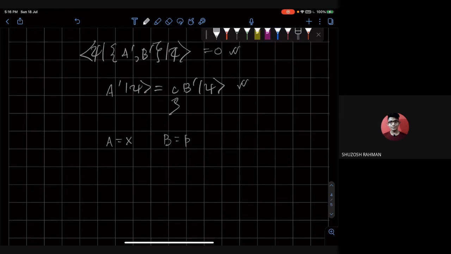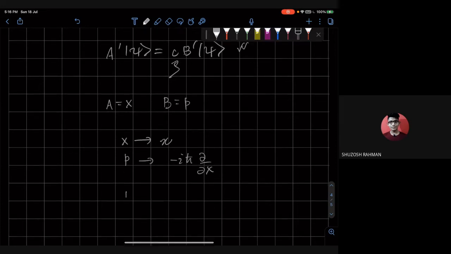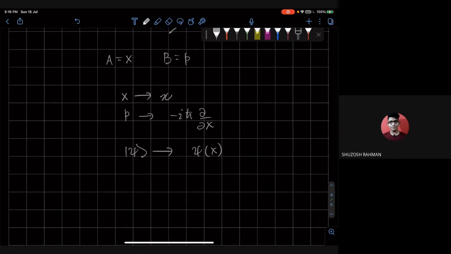This means you can go to the position basis where X becomes replaced by the number x, the operator P becomes replaced by minus i h bar d/dx, and psi becomes replaced by psi of x. Then you solve those equations to find that psi of x is a Gaussian, okay? So that's going to be the hint.